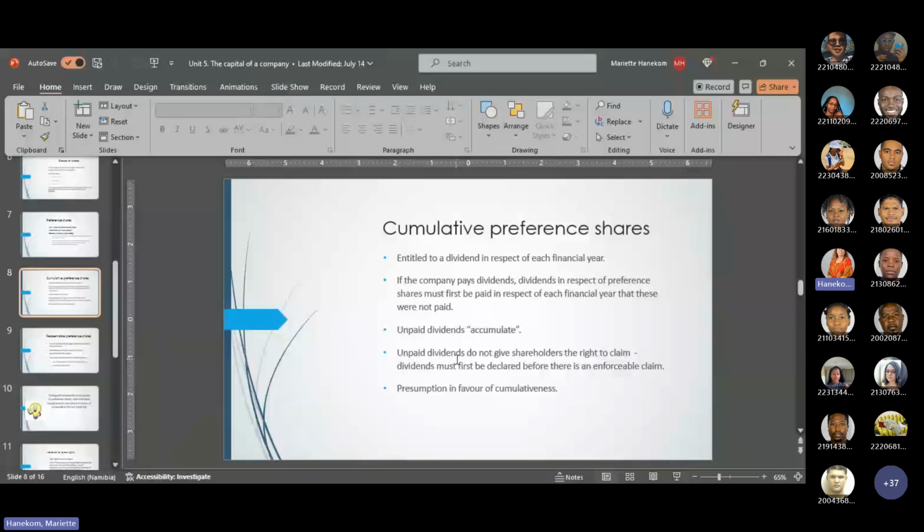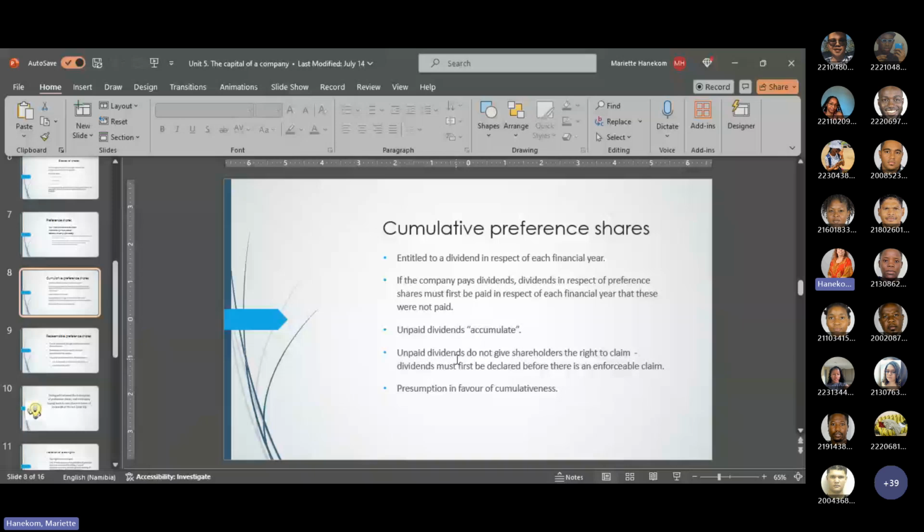You didn't get anything. With cumulative preference shares, the unpaid dividends accumulate. They add up, they build up. If in 2023 you did not receive anything, that right doesn't lapse, you still have it.